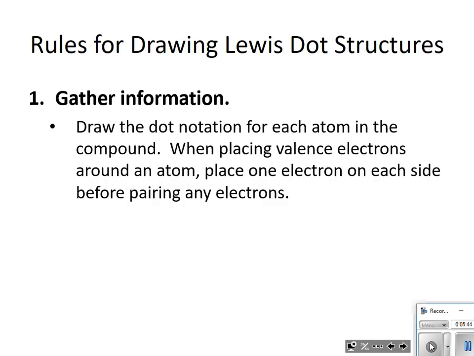You need to draw the dot notations for each atom that's involved in the compound. When placing valence electrons around an atom, place one electron on each side before pairing any electrons.